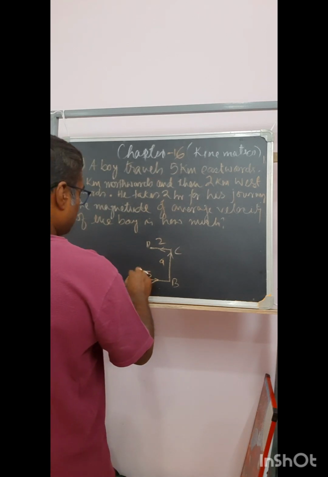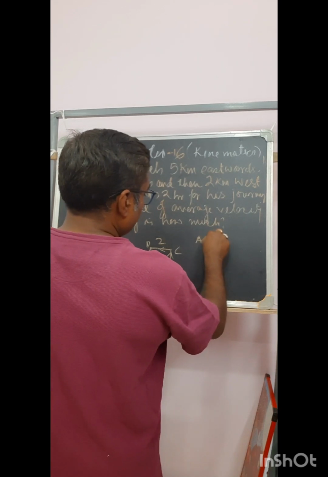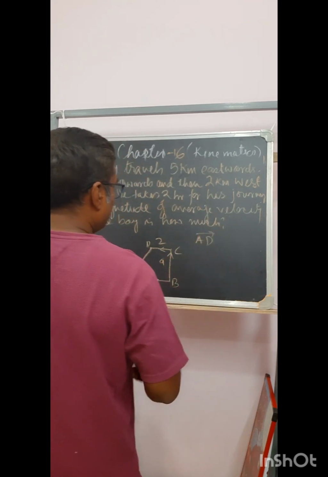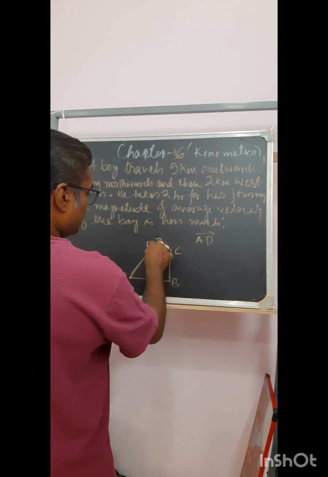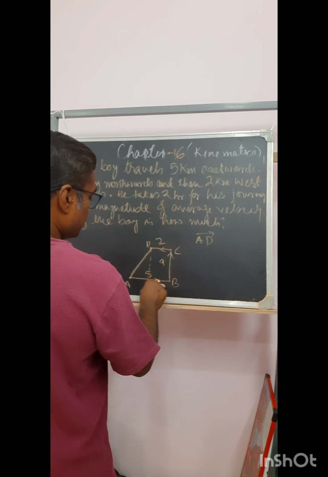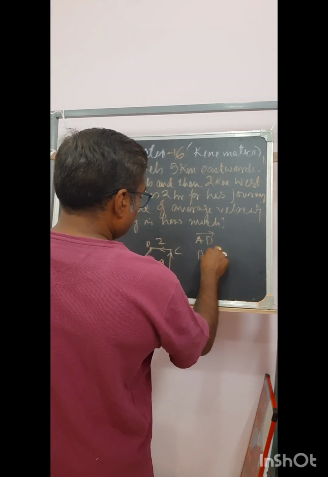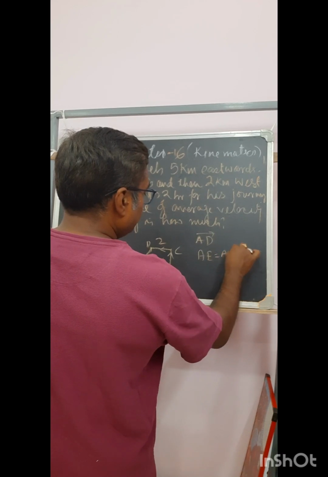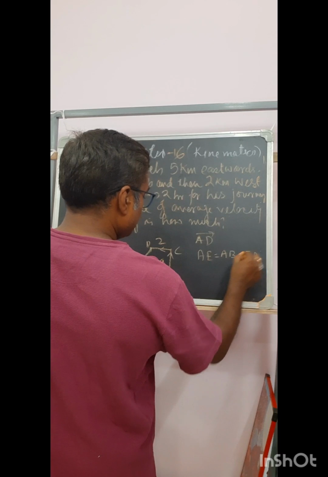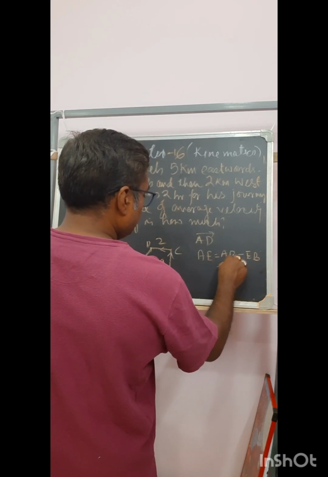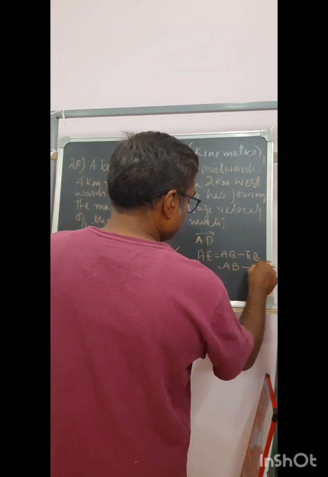So to calculate the average velocity, you need to find this AD. Now if I drop a perpendicular here, let's say this is E. So your AE is equal to AB minus EB, and EB is equal to CD.